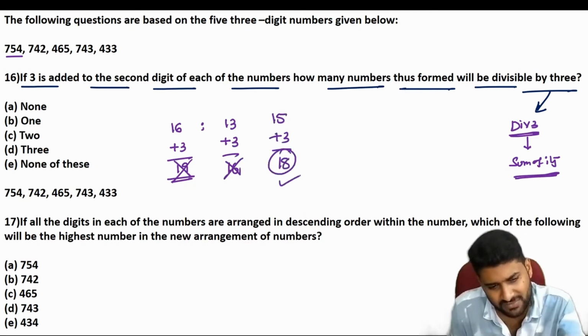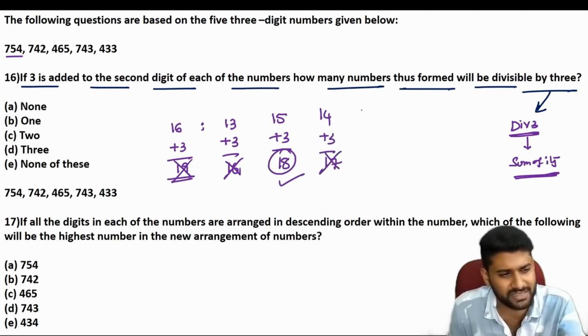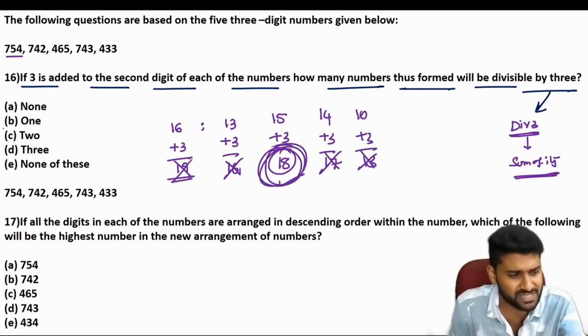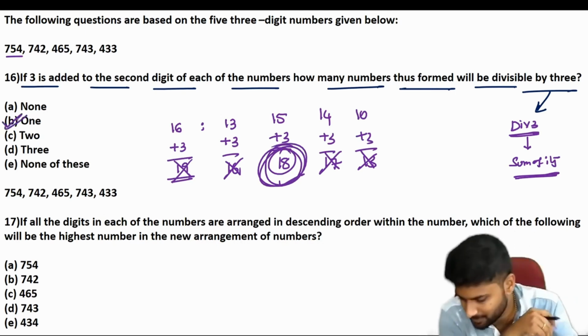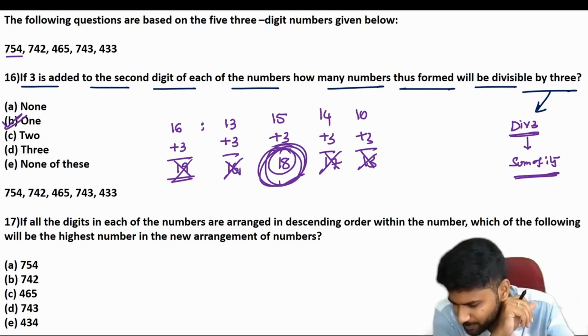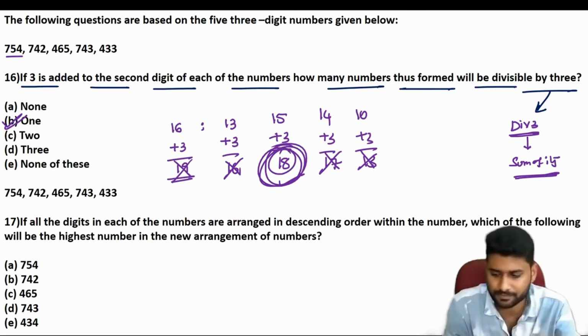This is the number which is divisible by 3. 743 is 14 plus 3 is equal to 17, not at all divisible by 3. And 433, the sum becomes 10, 10 plus 3 is equal to 13. It is also not divisible by 3. So there is only one number which is divisible by 3. Yes, it's option B. Very good.